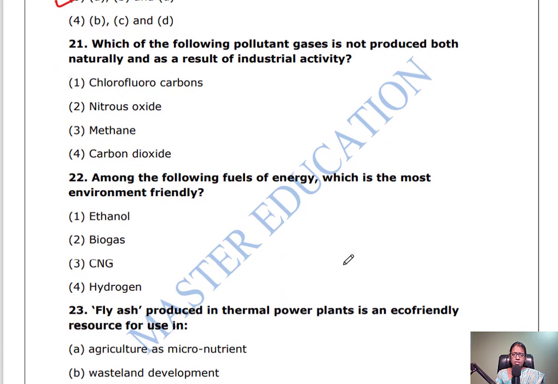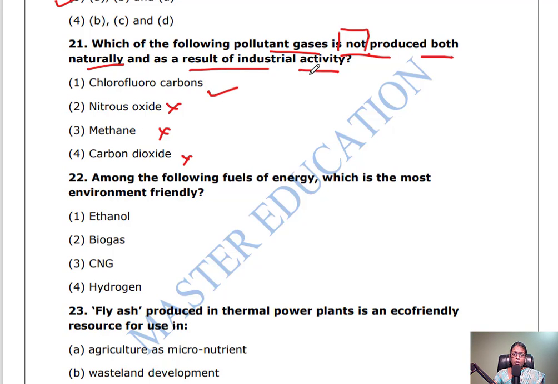The next question: which of the following pollutant gases is not produced both naturally and as a result of industrial activity? Through industrial activity, nitrous oxide, methane, carbon dioxide and so on are produced.